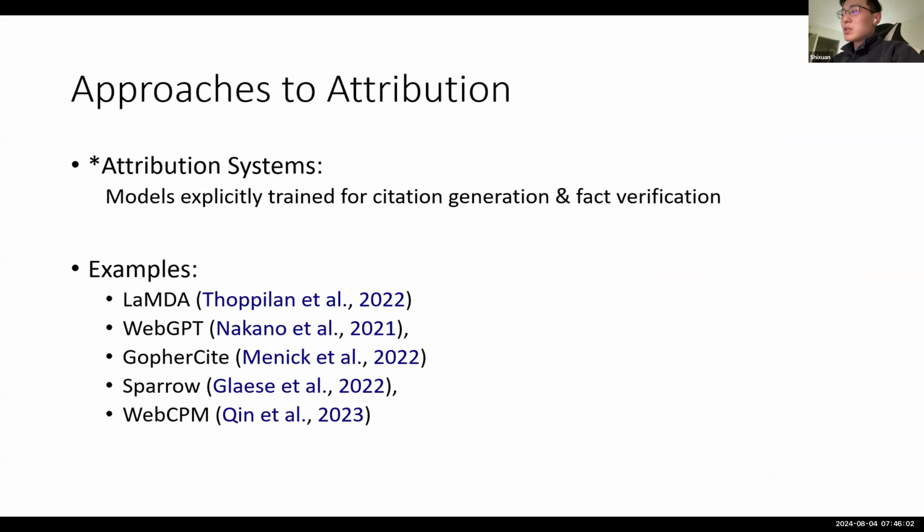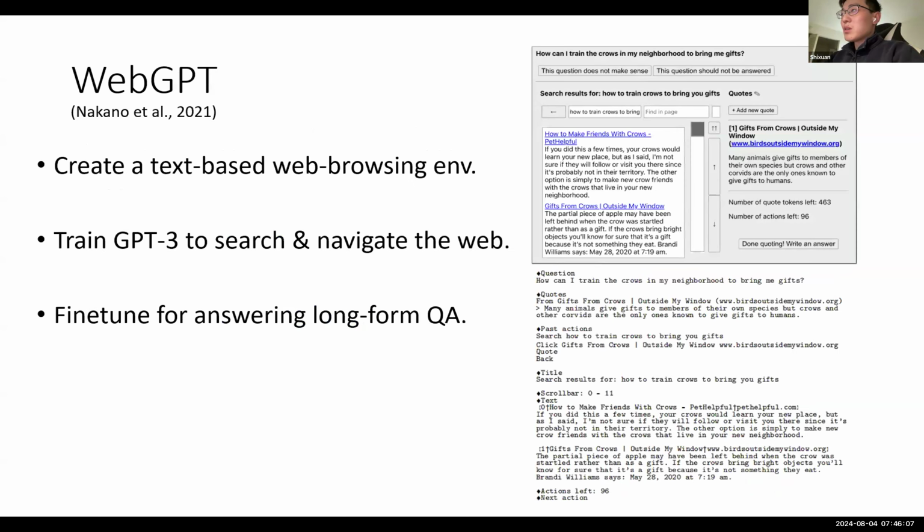Here I want to use a model called WebGPT as an example. The main contribution of this paper is that they have developed a text-based web browsing environment for any kind of language models.